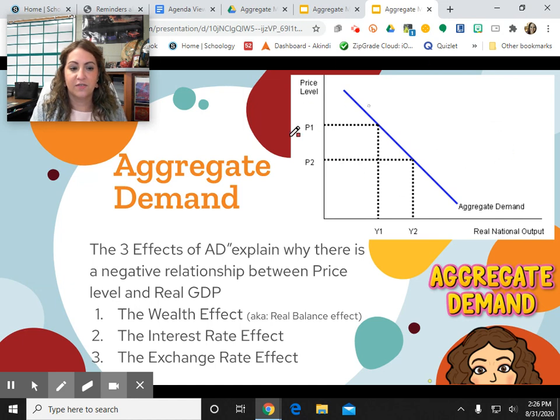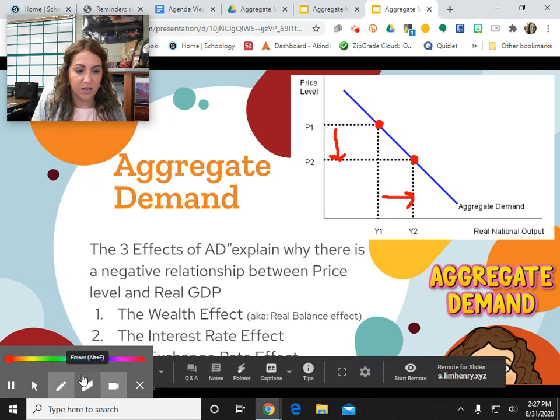So let's give an example. If prices go down, price level falls, we go from this point on our aggregate demand curve to this point on our aggregate demand curve, which means GDP goes up. But why? Why, if prices fall, does GDP go up?